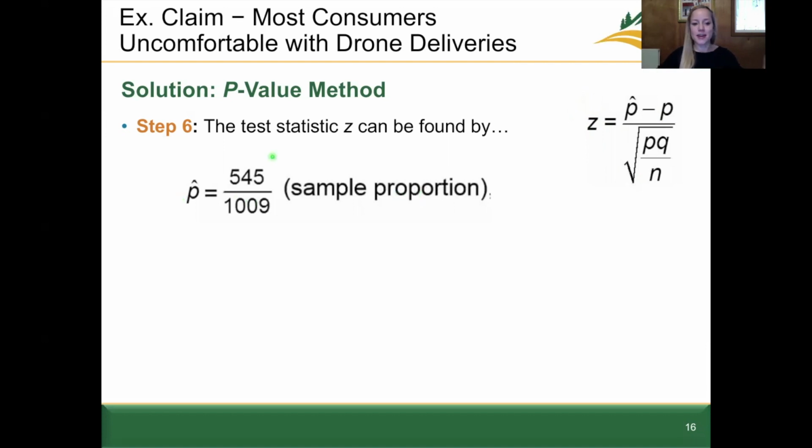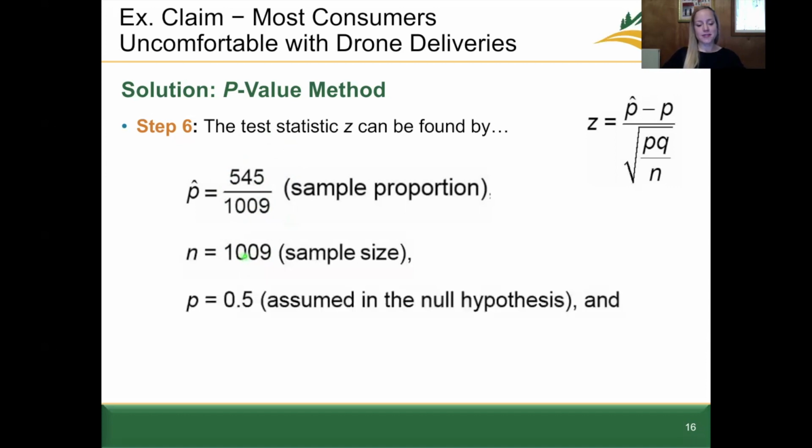Remember, we take our x value, or the number of interest, divided by the total number of consumers. The x value of interest in our original problem was 545 consumers out of the 1,009. Remember, to make this more accurate, we're going to use the full version of the fraction and not the decimal form. Next, our n value, that's 1,009, our sample size.